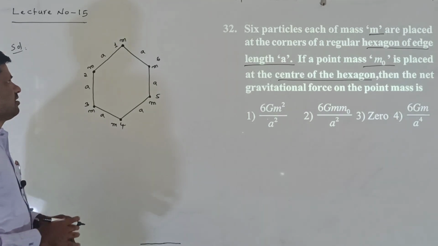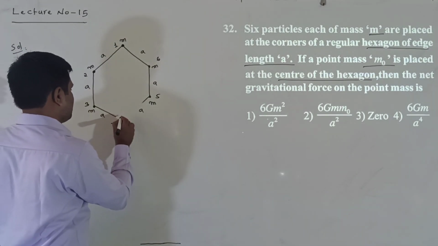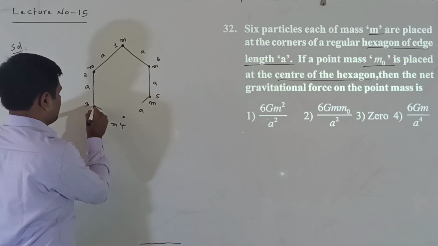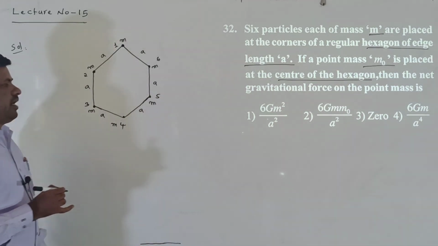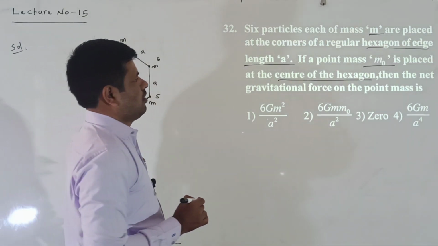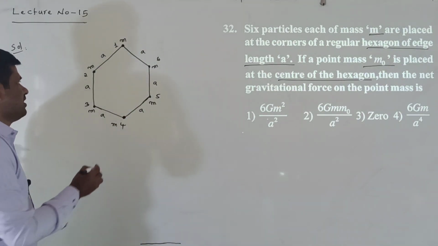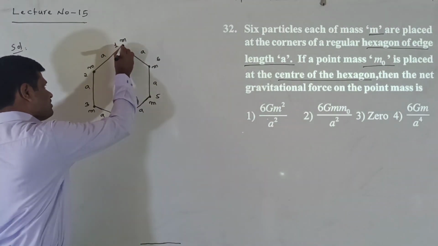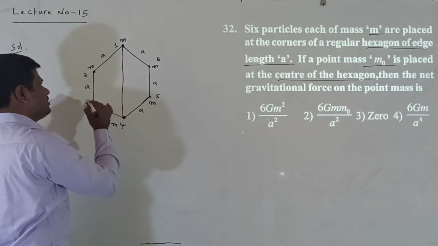All masses are placed here. Right. Now m0 is placed at the center, which means we are joining the diagonals. This diagonal is joining.